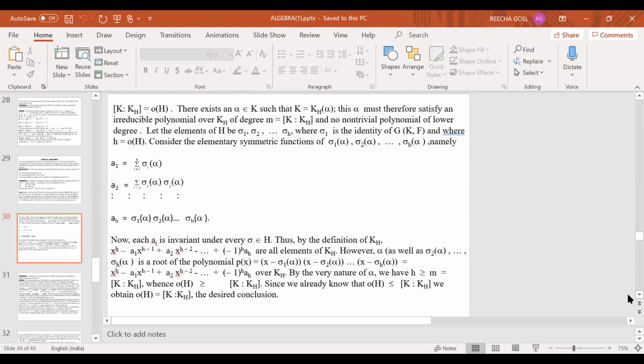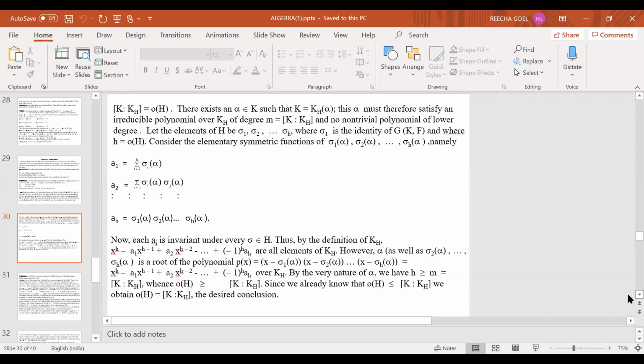So by the very nature of alpha, we have h is greater than or equal to m, that is, the degree of K over KH. Hence the order of H is greater than or equal to the degree of K over KH. And we have already seen that the order of H is less than or equal to the degree of K over KH. So we arrive at the desired conclusion.